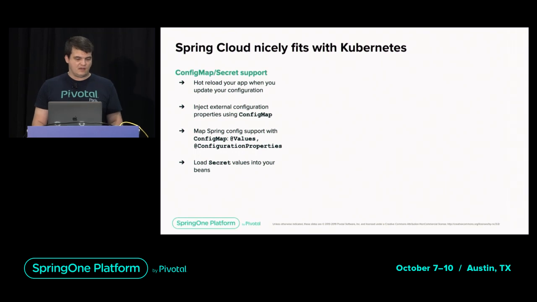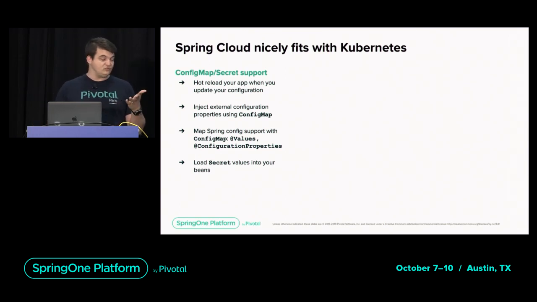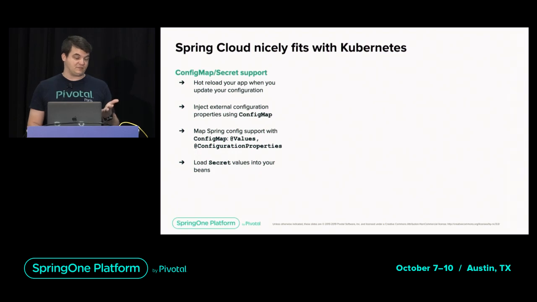First thing, using Spring Cloud Kubernetes, you have native config map and secret support with your application, which means that as soon as you edit a config map file within your Kubernetes cluster, your application will be able to read this configuration. The only thing you need to do is to just use the thing that you already do with Spring Boot.